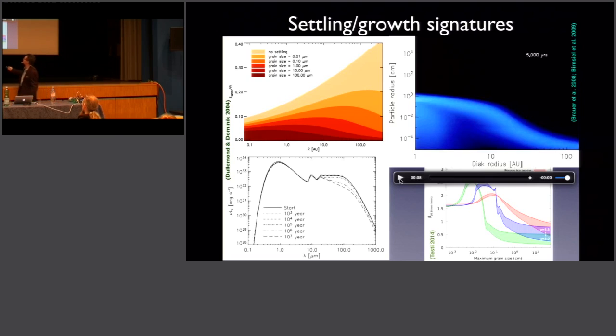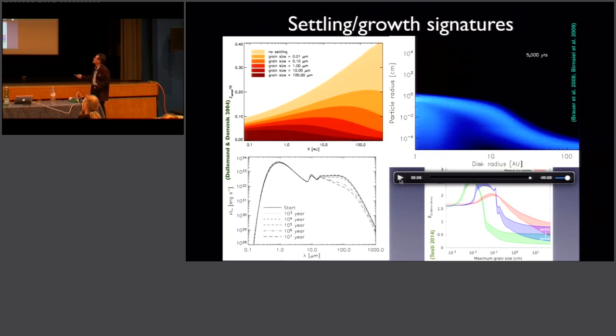This vertical stratification produces a number of effects that you can observe mainly in the far infrared, because it changes essentially the thermal properties of the atmosphere of the disk, and in the infrared part of the spectrum when you look at the features and how the extinction goes.